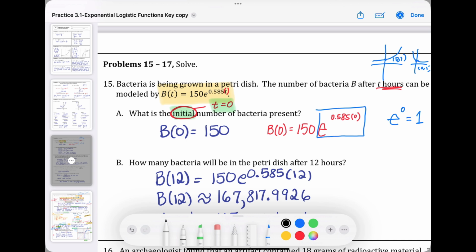Now, for the definition, any non-zero number, for example -1/5, raised to the power 0, the final answer is always 1. Regardless, if you have 15 raised to the power 0, the answer is 1.